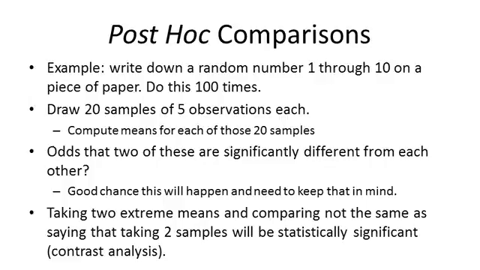So basically what's happening is that you're taking 2 extreme means and comparing them, and that's not the same as taking any 2 samples and saying they are going to be statistically significant compared to all the means, that any 2 will be significant.